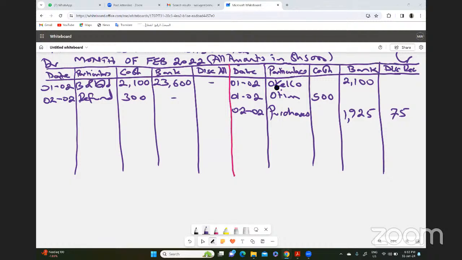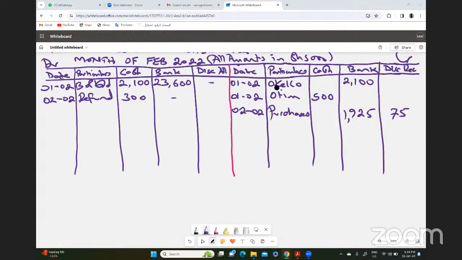But I don't want to give that as an explanation as to why it is coming here. Exactly. The discount received is affecting how much you're supposed to pay. Are we together? So payments are on the credit side, and that discount that you're going to receive is going to affect those payments.